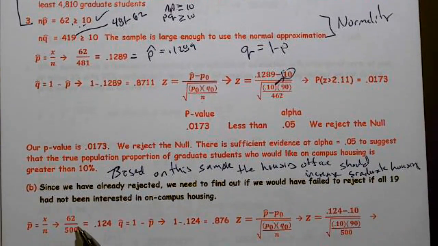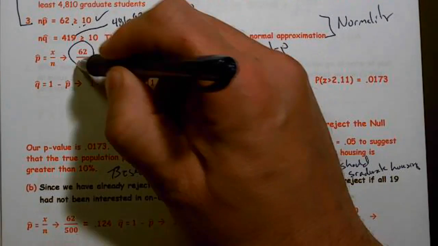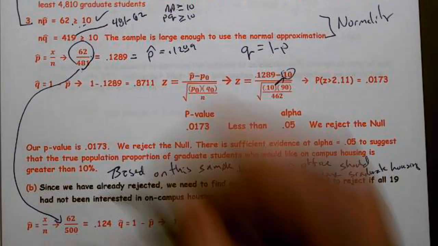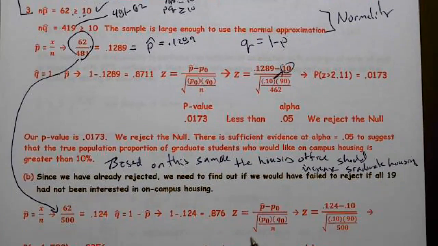So we're going to change our sample proportion. Instead of being 62 out of 481, it's now 62 out of 500 because we changed our sample size. So this changed to this. And then we're going to rerun the test. All right.